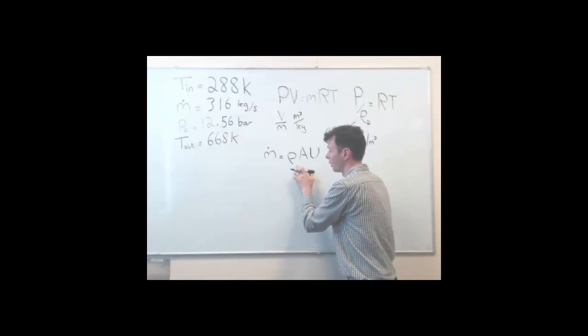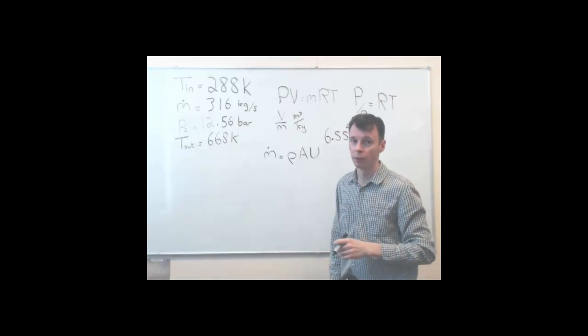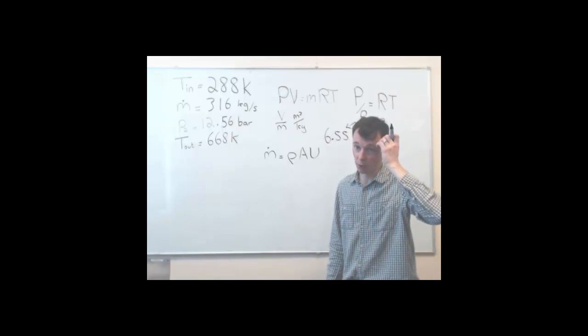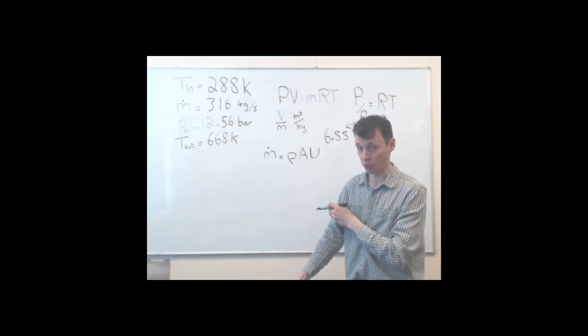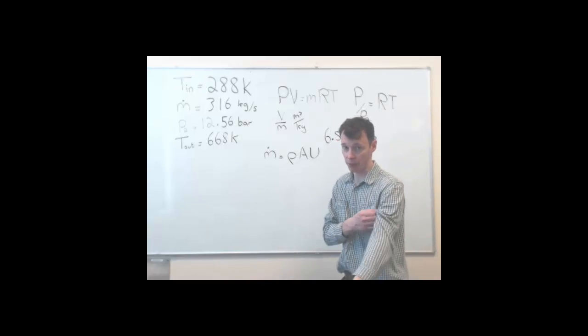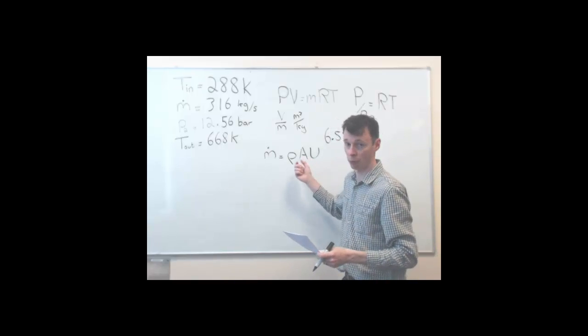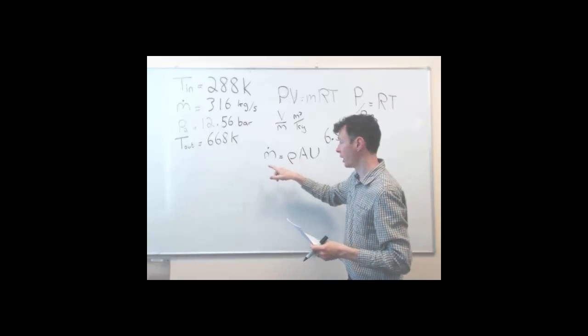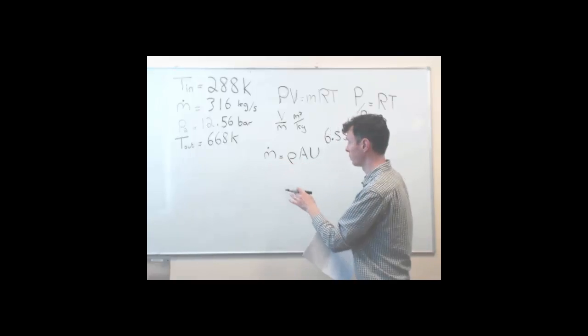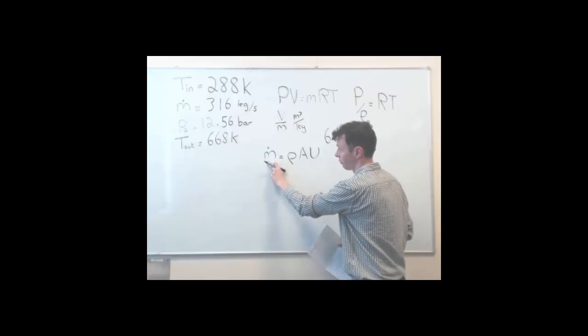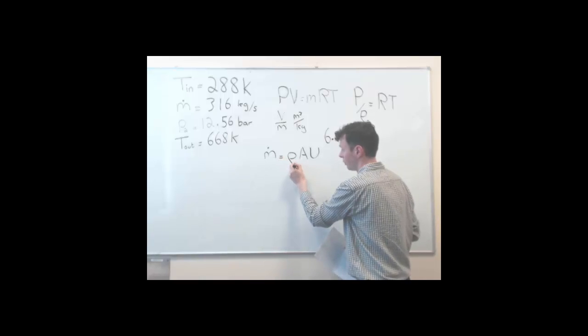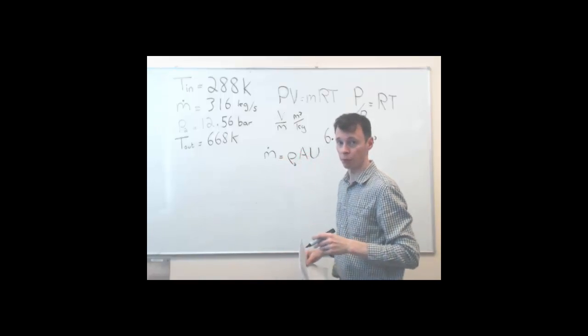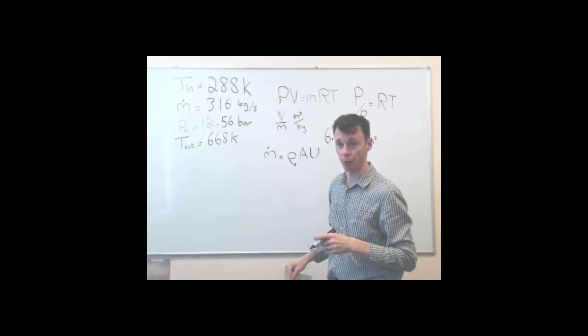Not necessarily an equation you need to remember, but this goes back to your dimensional analysis that you did at the start of this module that you probably have horrific nightmares about. This is kind of what it's useful for, appreciating units and dimensions and making them equal. Okay, so we can rearrange this. We've got the mass flow rate, we've got rho 2, we've got A as 0.4 meters squared.